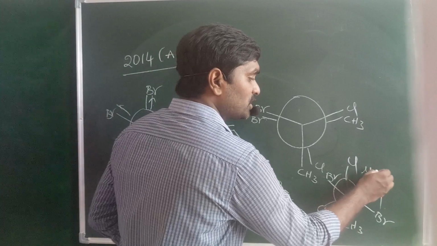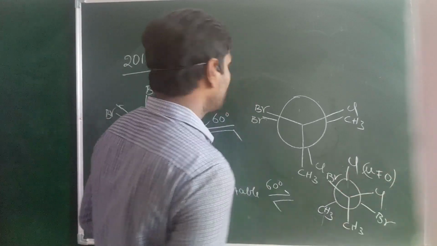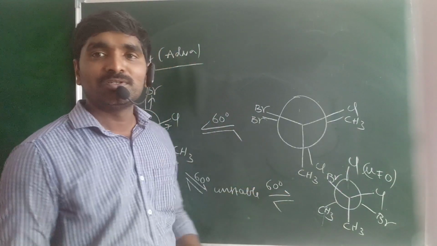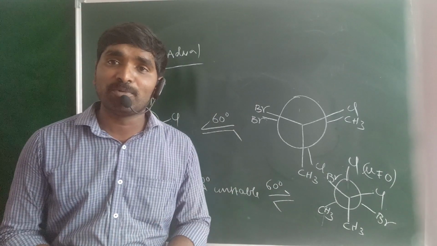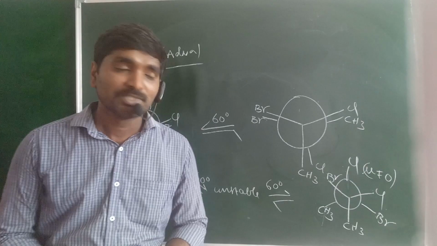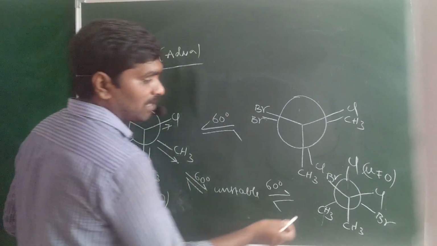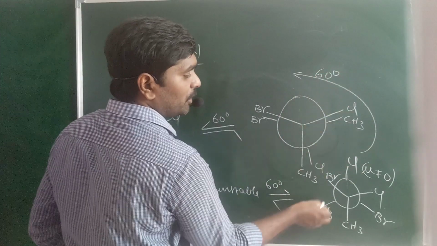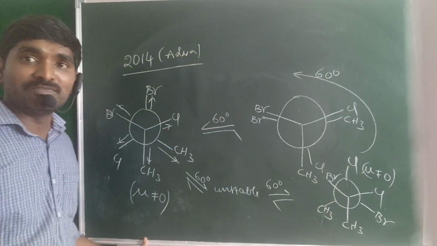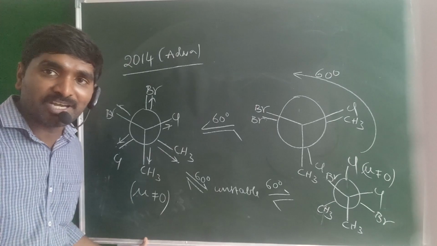Here also mu is not equal to 0. So the first one and the second one have non-zero dipole moment. Rotating another 60 degrees, you again get the eclipsed conformation, which is unstable. You don't have the dipole moment.